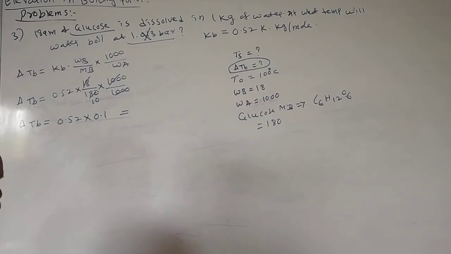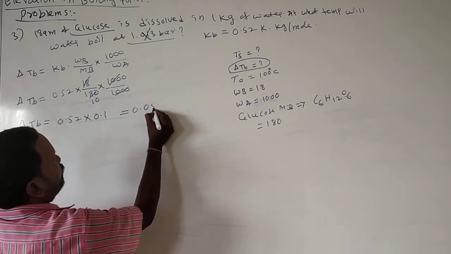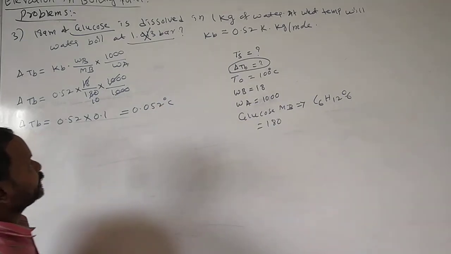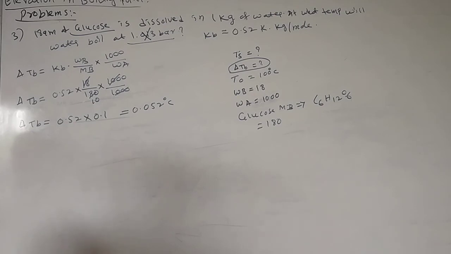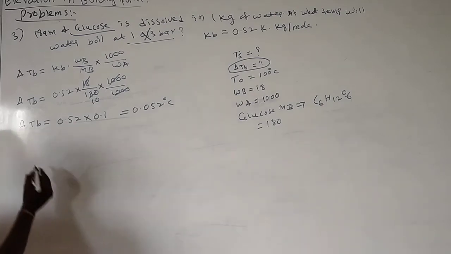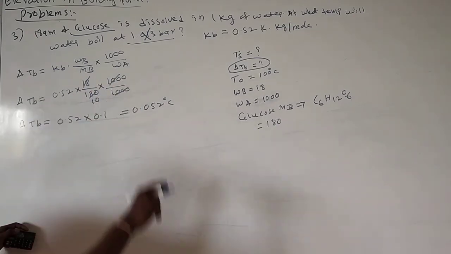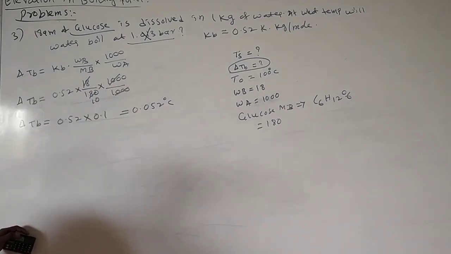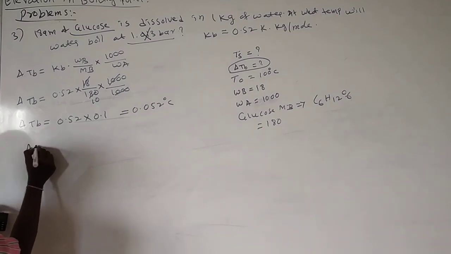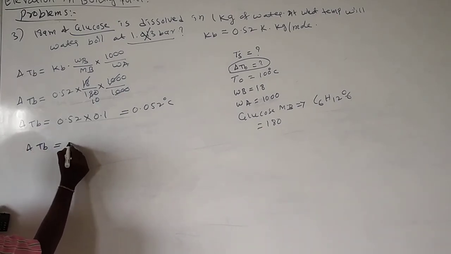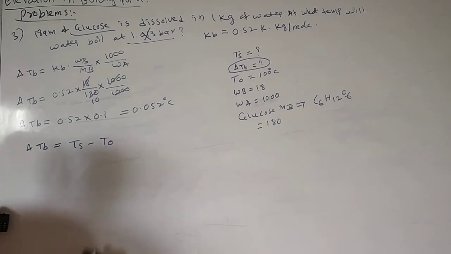0.52 into 0.1 gives 0.052 degree centigrade. That is ΔTb, the elevation in boiling point. What did they ask? At which temperature water boils, meaning after the addition of solute to solvent, that is the solution. ΔTb is equal to Ts minus T0.